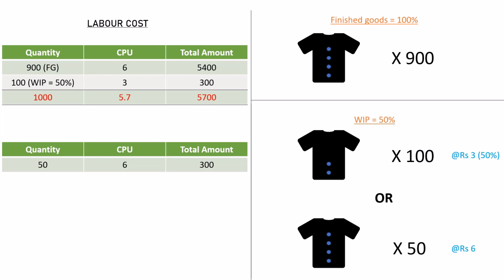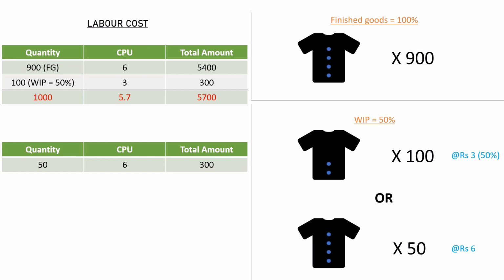So we find equivalent production, which is nothing but how many completely finished units we can make with the equivalent amount of work. As we saw before, if I put the same effort or work of attaching 2 buttons to 100 shirts, I can instead have 50 shirts with 4 buttons or 50 complete shirts, which is my equivalent production.